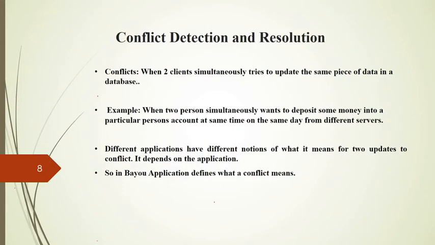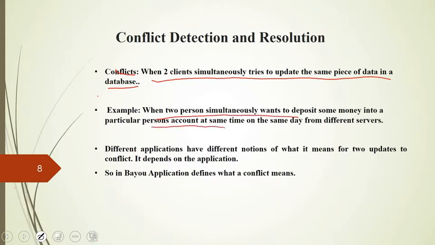Conflict detection and resolution. So what is meant by a conflict? A conflict will occur when two clients simultaneously try to update the same piece of data in a database. Let us consider an example where two persons simultaneously want to deposit some money into a particular person's account at the same time on the same day from different servers. In this case, there is a chance that a conflict is going to occur.